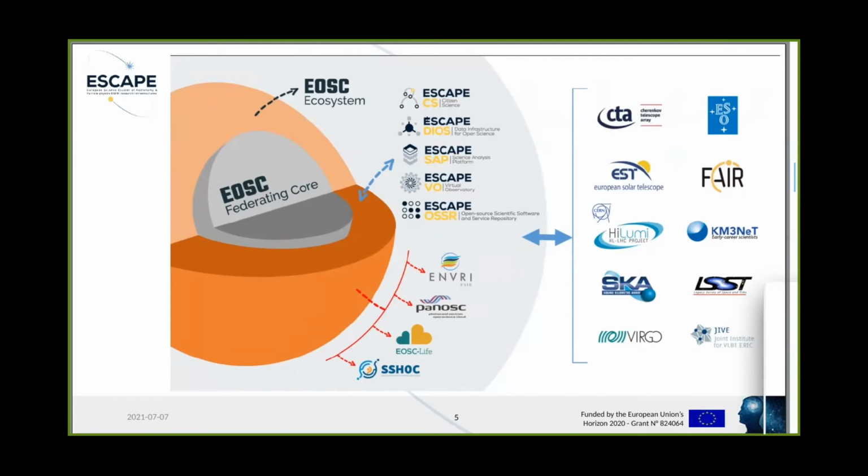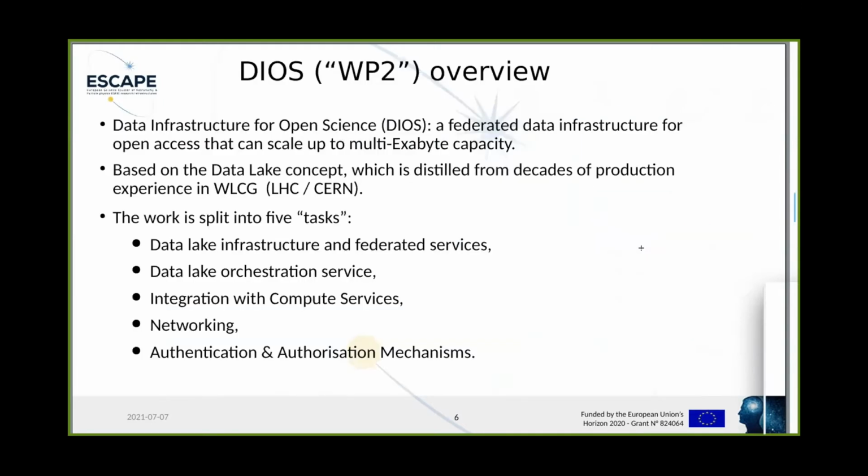The one I'm involved with directly is called DIOS, which is work package 2, the data integration for open science work package. Here, the logos on the right are the science communities that we're directly involved with in ESCAPE. So DIOS itself is work package 2.